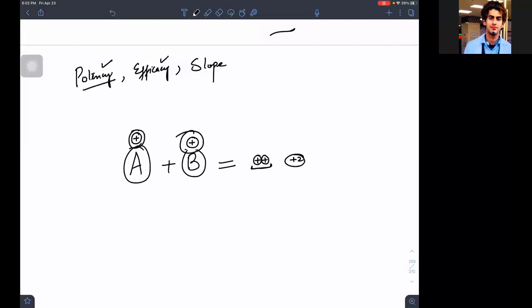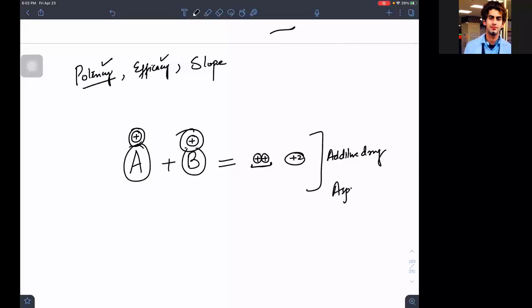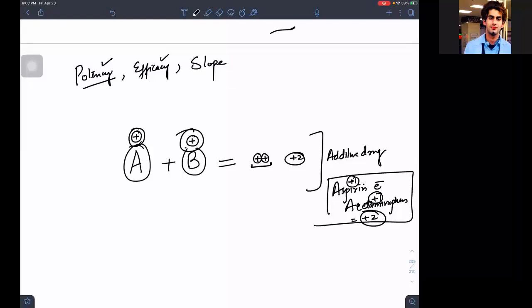An example is aspirin with acetaminophen. Aspirin has a plus 1, and individually acetaminophen has plus 1. You are getting plus 2. That is the additive effect.